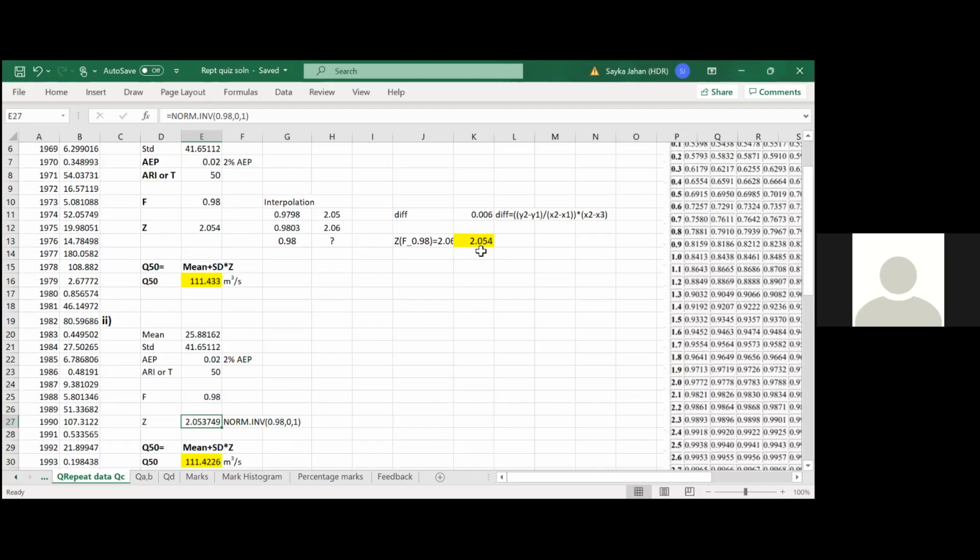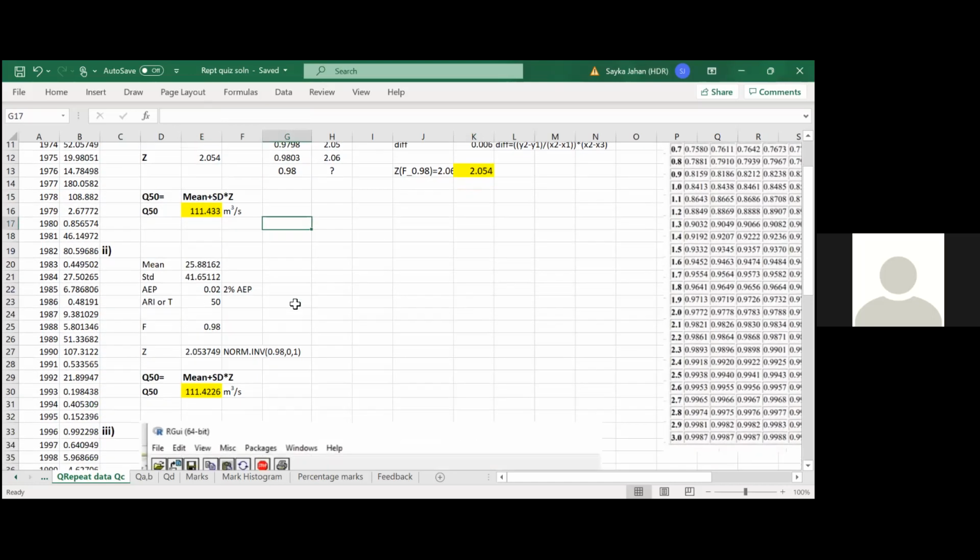The interpolated value will be 2.054. By using the equation, we calculated the difference and got that value, and the result will be that one. But some of you made a mistake in the interpolation, so your results varied.